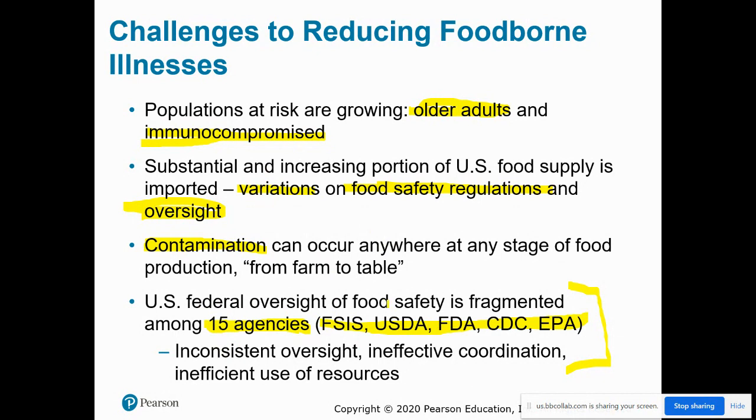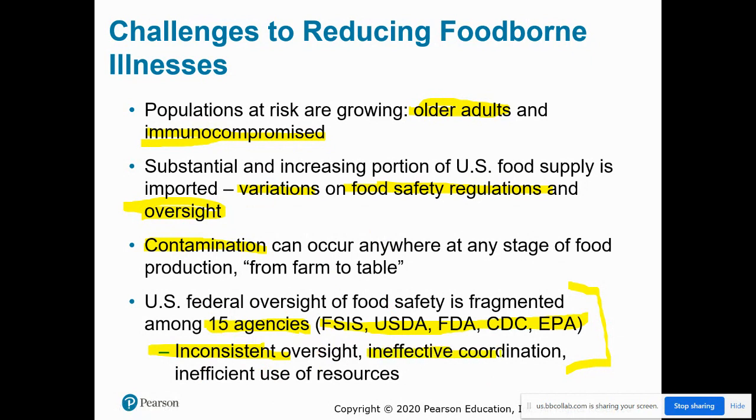But what that means is if you have 15 different agencies who are supposed to take care of this pretty important matter, we're again likely to find, and we do find, pretty strong inconsistencies in terms of overseeing the regulations that are supposed to be in place.